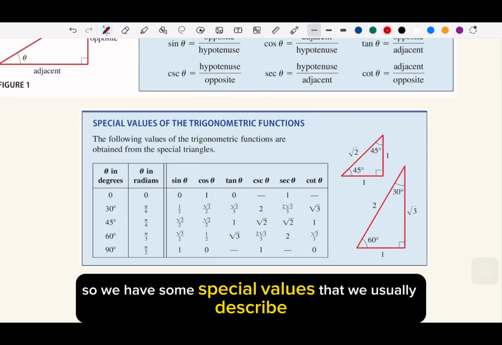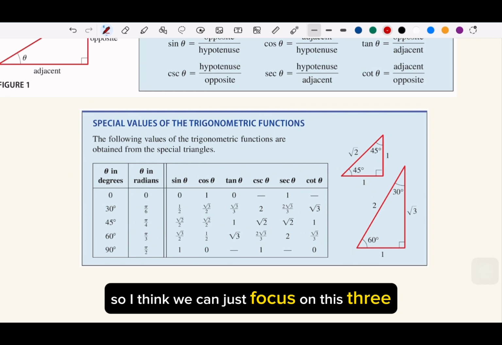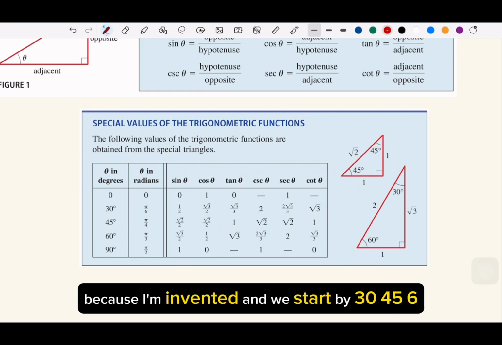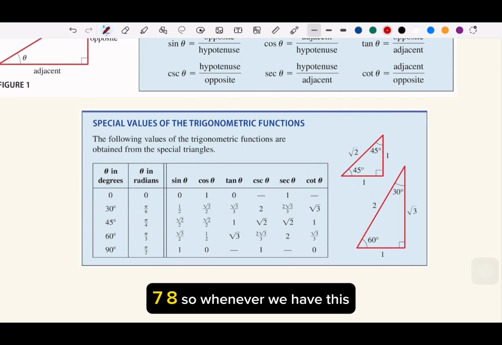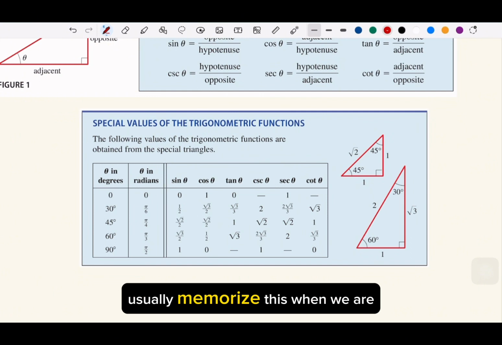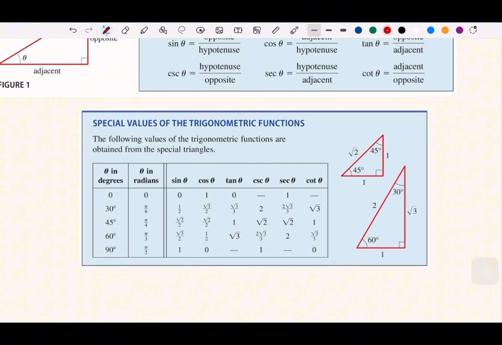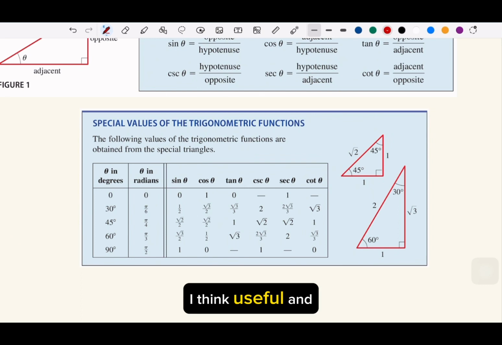We have some special values that we usually describe. I think we can just focus on these three, sine, cosine, and tangent. And we start with 30, 45, 60, and 90. Whenever we have these, I think we're good to go. Usually we memorize these when we are learning trigonometry. I think it's useful.